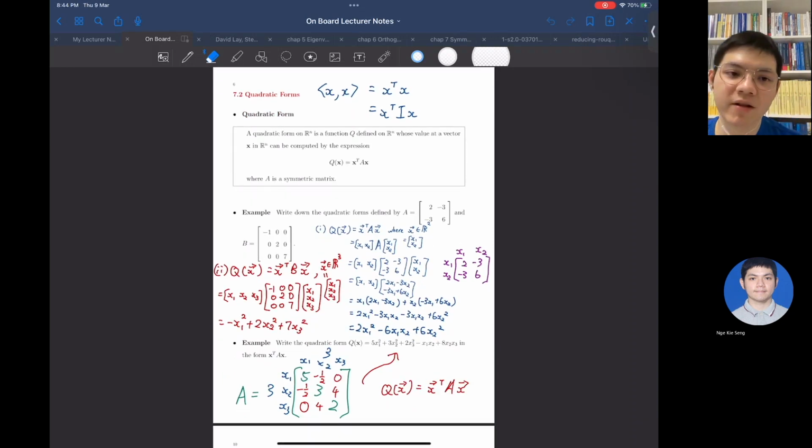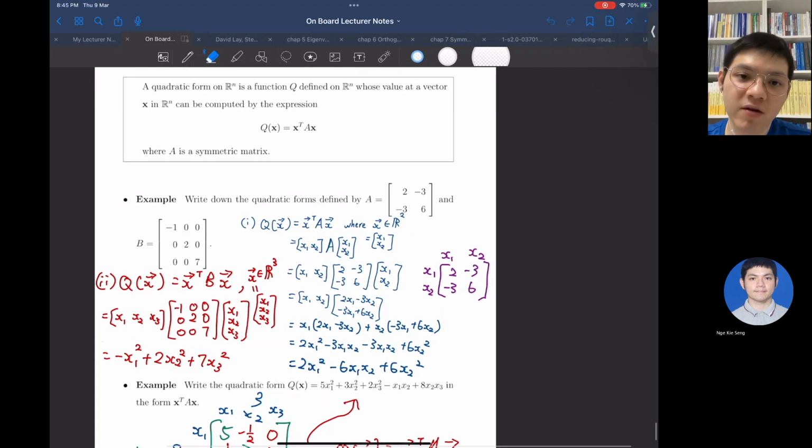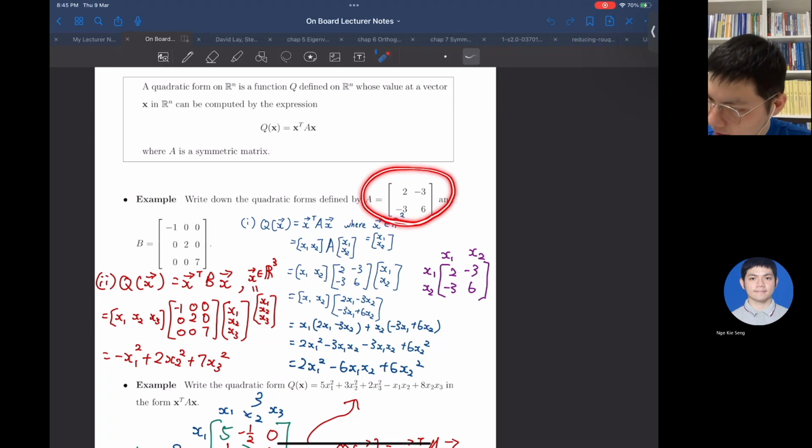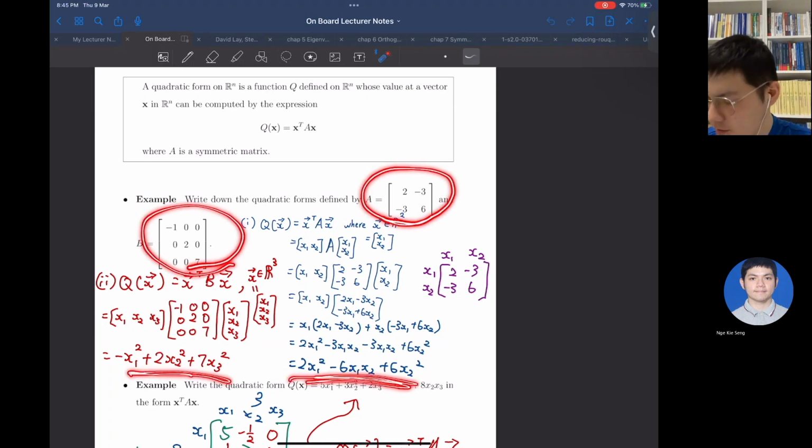Last Wednesday, we defined a quadratic form using a symmetric matrix, where Q(x) is equal to x transpose multiplied by A and multiplied by x, where we will get a polynomial in x_i. We have run through first examples using concrete symmetric matrices A and B to get the desired quadratic form.